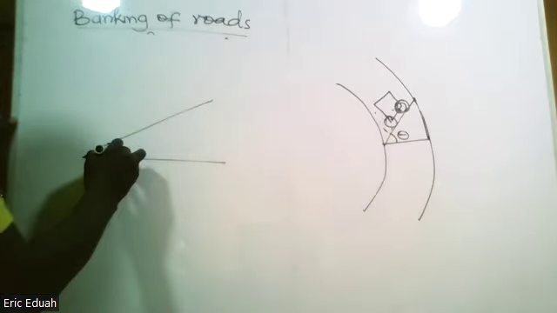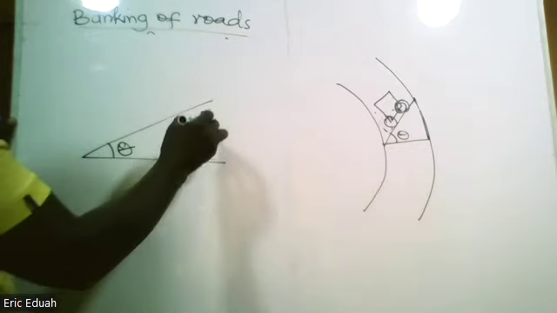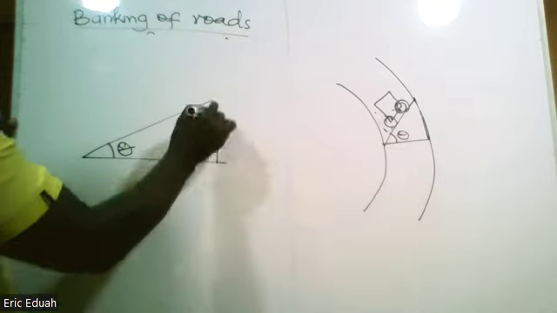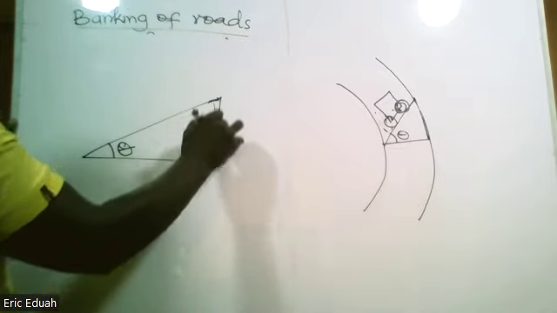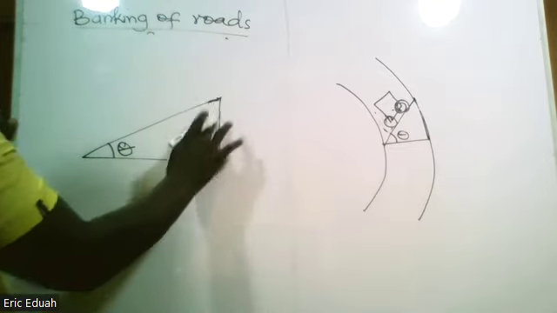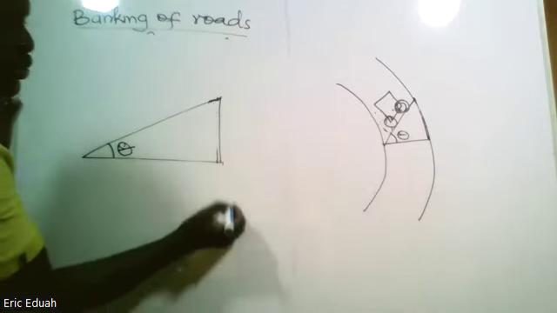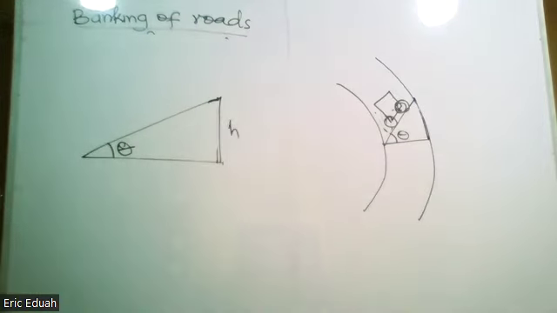So let's take this to be a banked road. The road is built and tilted at an angle towards the center, or its outer end is raised at a height h.